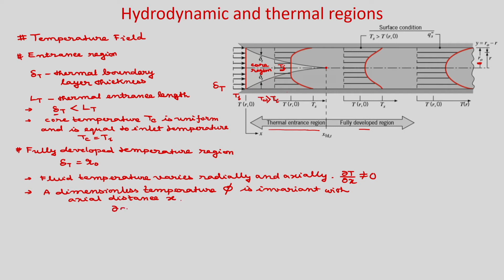And in this case you can write del phi by del x is 0, and phi will be defined as T wall minus T, which is a function of r and x in the two dimensional or axisymmetric case, over T w minus T m. So, it is the ratio of T w minus T and T w minus T m, where T m is the mean temperature.